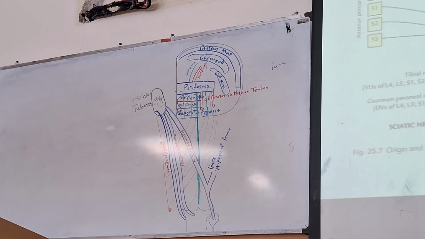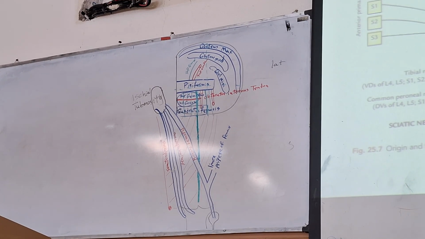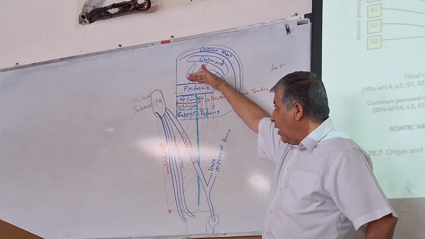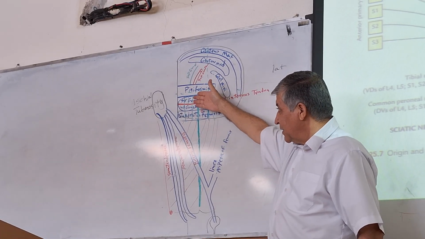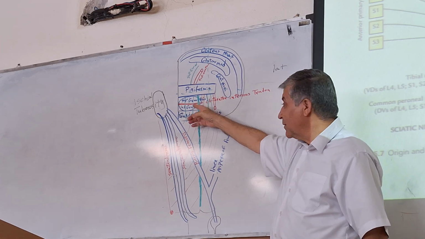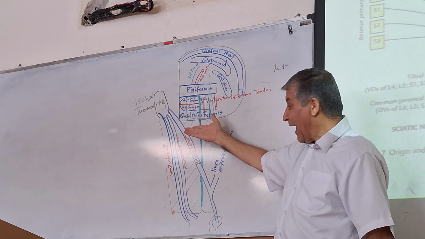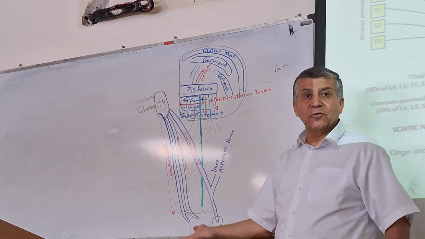So, what's the name of the bed of the sciatic nerve, the other muscle, the final one? From upward to downward: gemellus superior and inferior, tendon of obturator internus, quadratus, and adductor magnus.